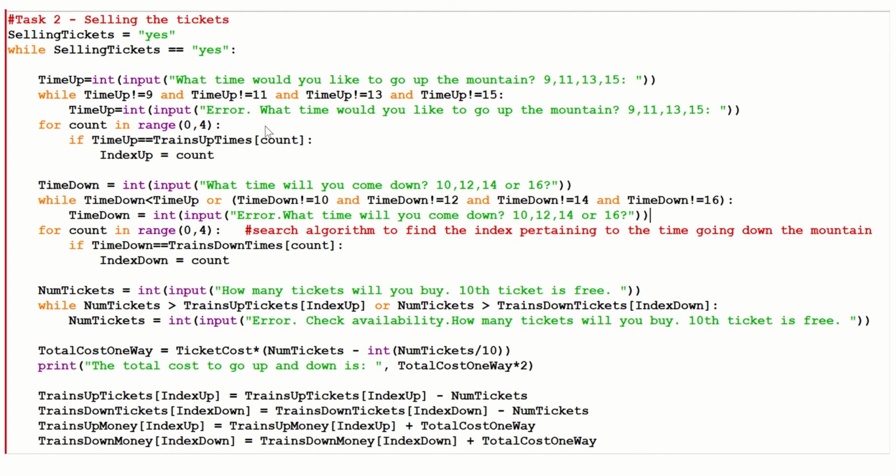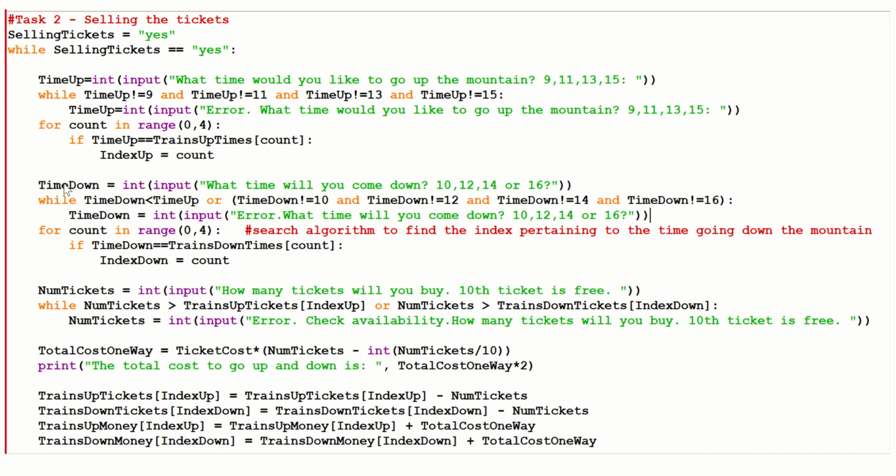If it equals 9, then do this, and if it's 15, then count would be 2. If 13 equals train up times count 2, which is 13, then we would do index up equals 2.